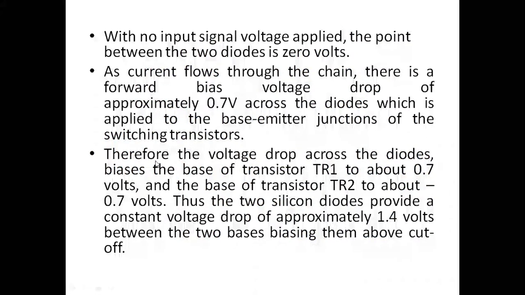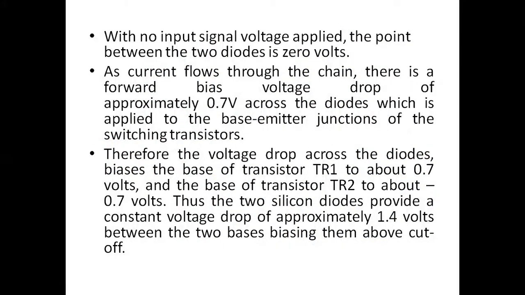Therefore, the voltage drop across these two diodes biases the base emitter of transistor T1 to about 0.7 volts and the base of transistor T2 to about minus 0.7 volts. So because of these two diodes, we are providing the cut-in voltage, that is 0.7 volts, to the first transistor and minus 0.7 volts to the second transistor. Totally, we are providing 1.4 volts between the two bases of the two transistors.